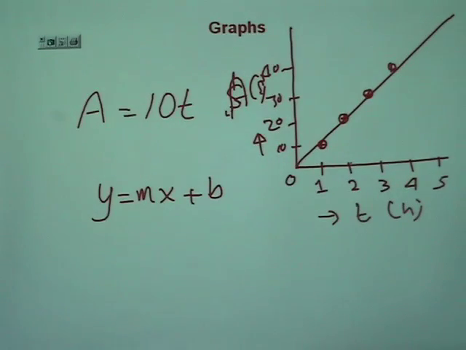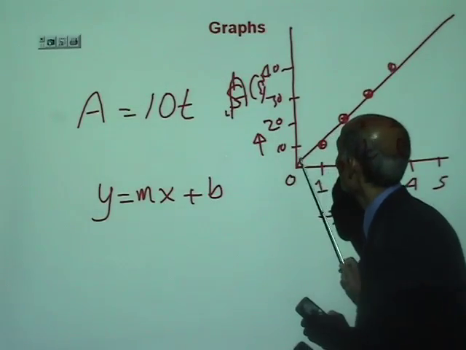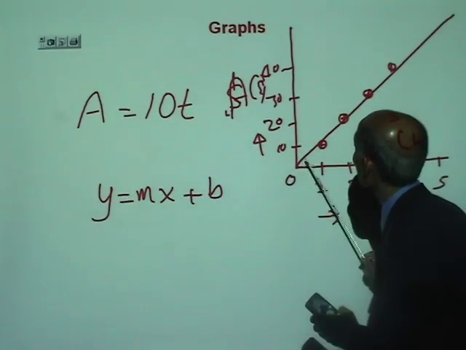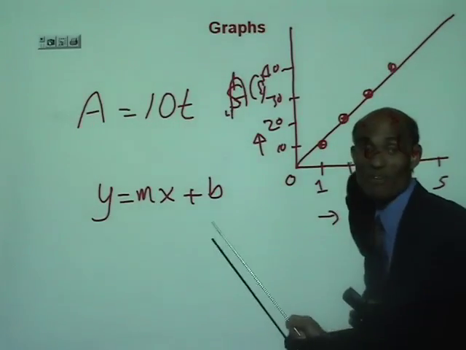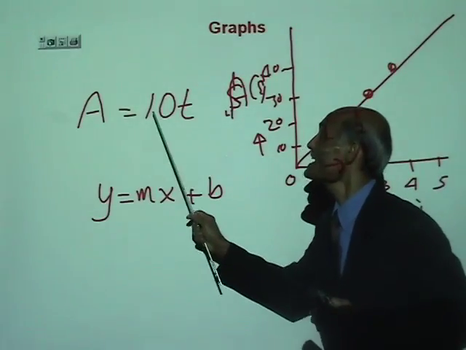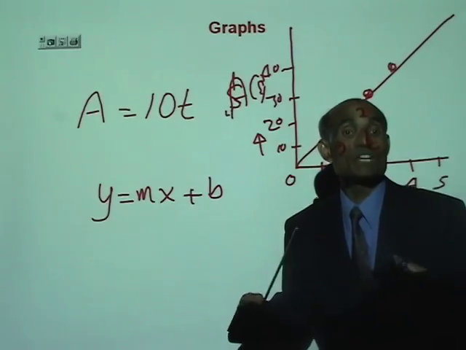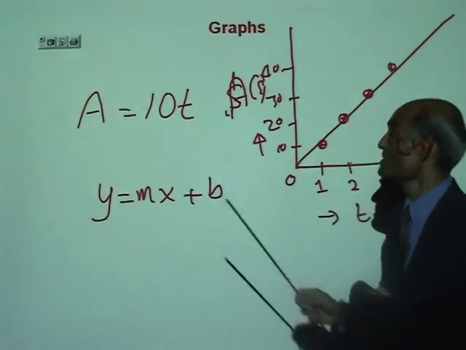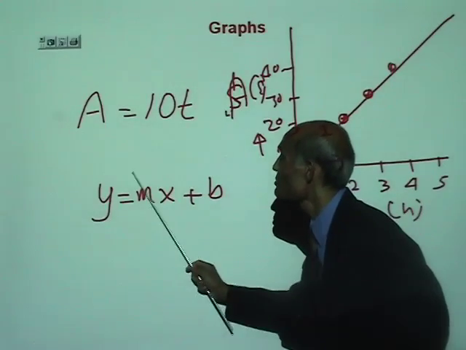Now what is its y-intercept? There is no y-intercept. So if a graph is passing through the origin, it has no y-intercept. In fact, a direct variation, A equal to 10t, is a direct variation. There is no y-intercept. So this equation is of the form y equal to mx.